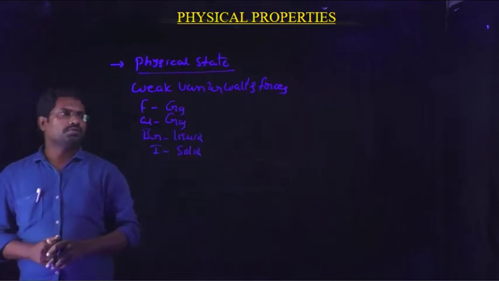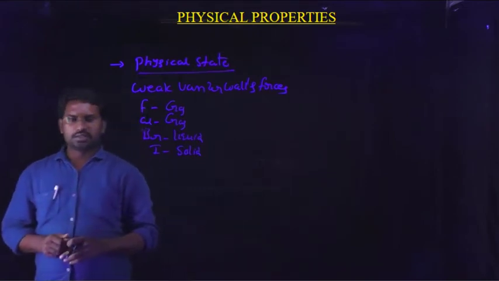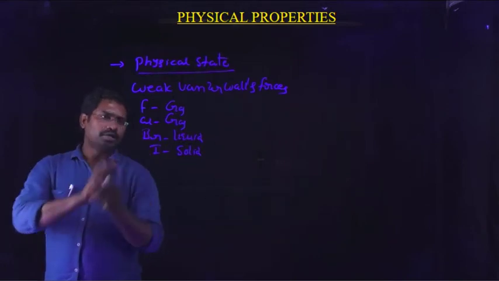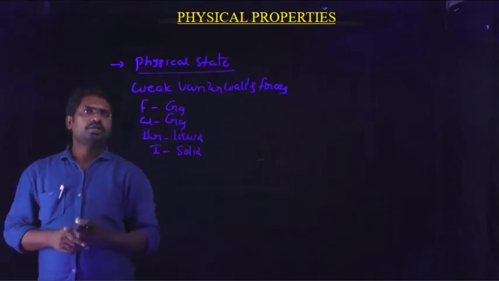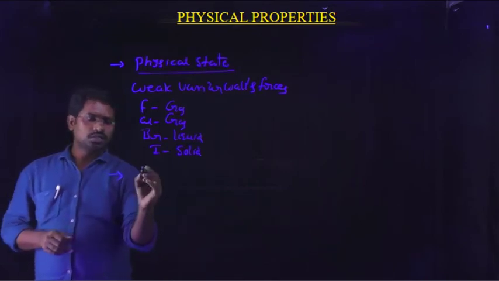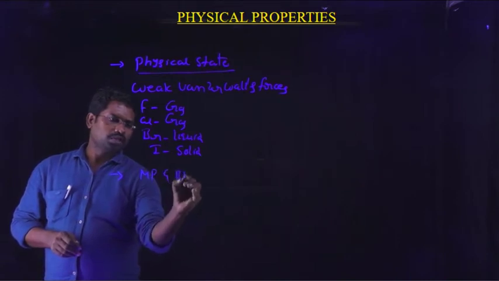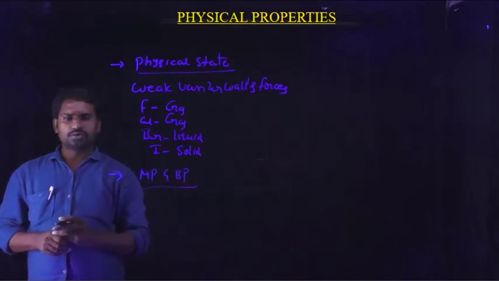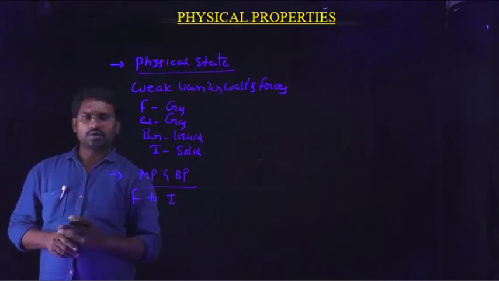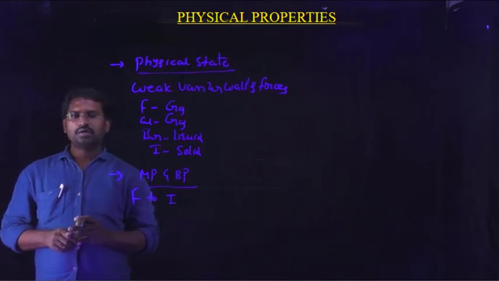Due to the presence of weak van der Waals forces between these halogens, they exist in this physical state: both fluorine and chlorine in the gaseous state, bromine in the liquid state, and iodine in the solid state. The next physical property of the halogens is their melting point and boiling point values.